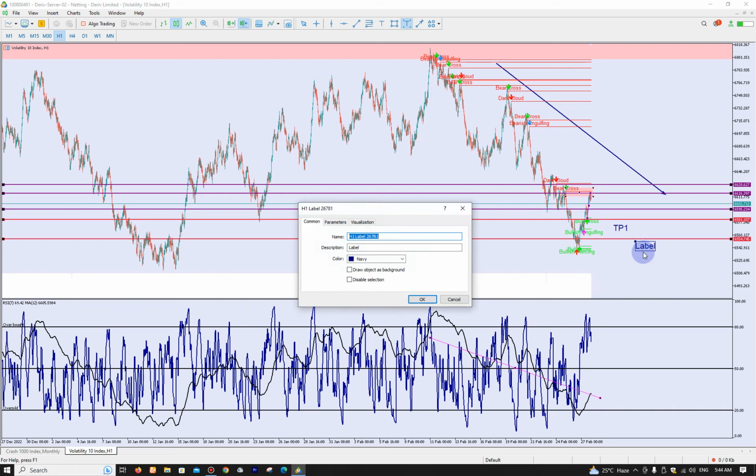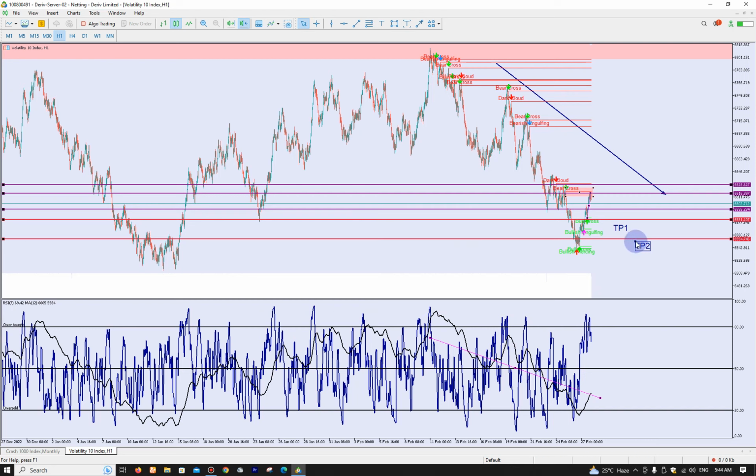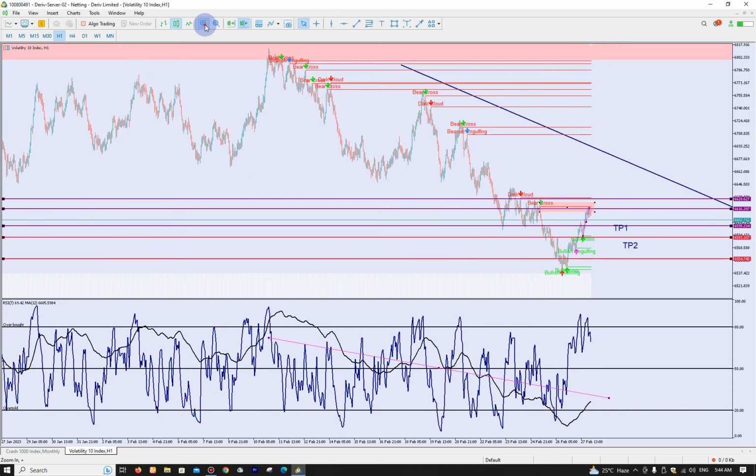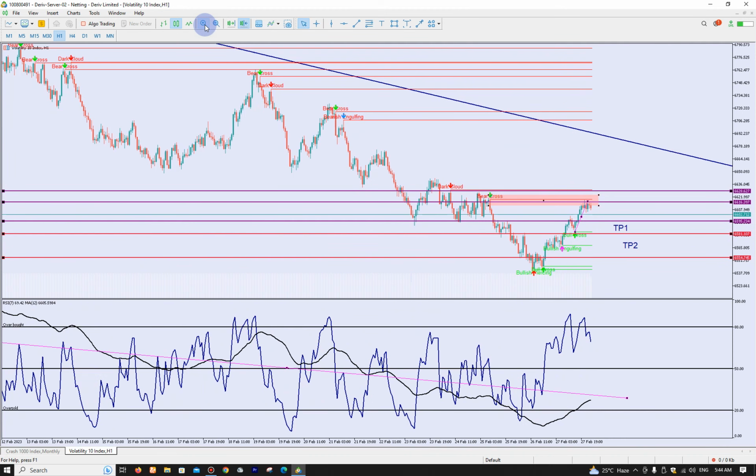Some persons may want to hold this for long, but if I were you, I would place my TP2. That's a lot of profit, and you are good to go. This can be our area where we take profit and get out of the market without losing our funds.